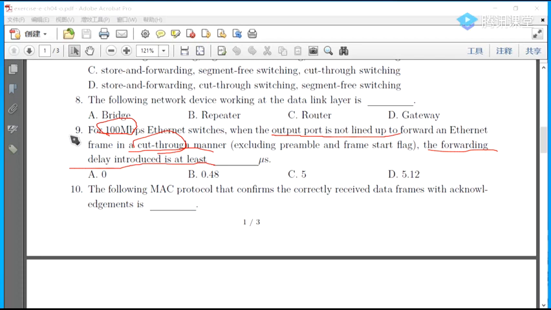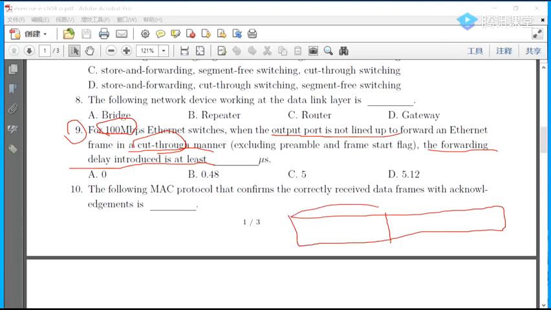Okay, this question is difficult for you, so I will illustrate first. We assume that this is a frame, and this is a header.